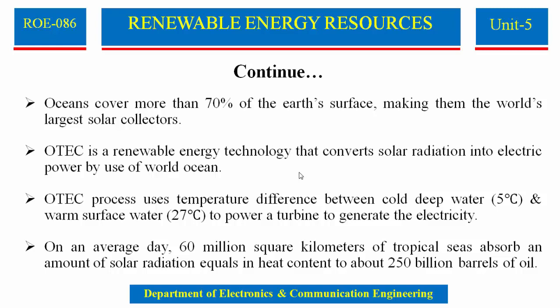The ocean thermal energy conversion process uses the temperature difference between cold deep water, whose temperature is about 5 degrees centigrade, and warm surface water, approximately 27 degrees centigrade, to power a turbine to generate electricity.